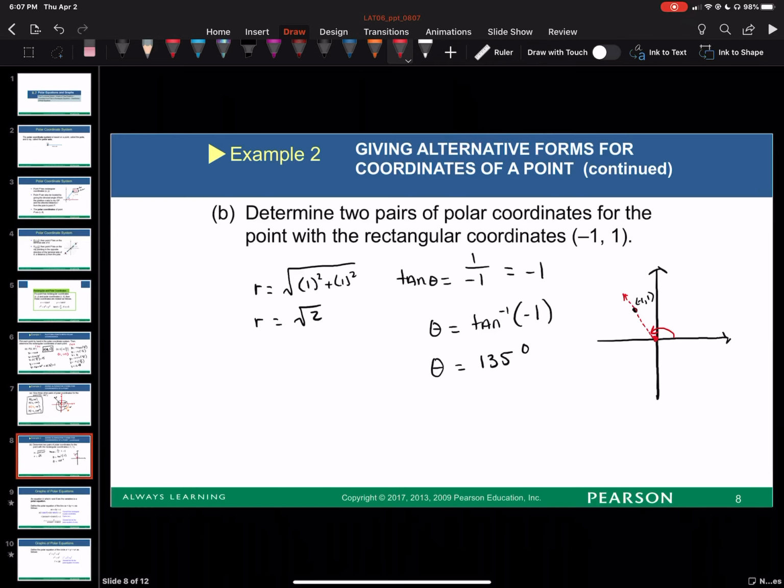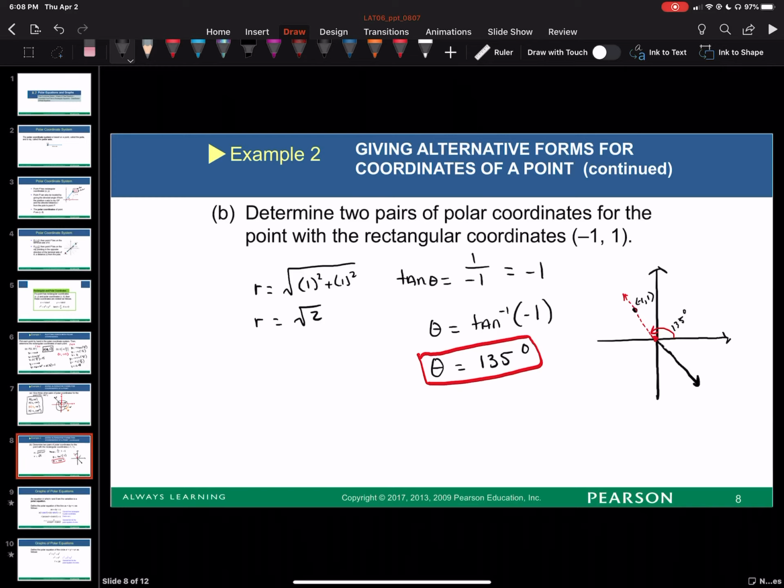And like I said, this can be written a couple of ways. Now, let's say we went to the negative spot, or going downward. And I'm going to use a different color. Let's say we went from that direction and we went here. What would that be? This right here is 135 degrees.